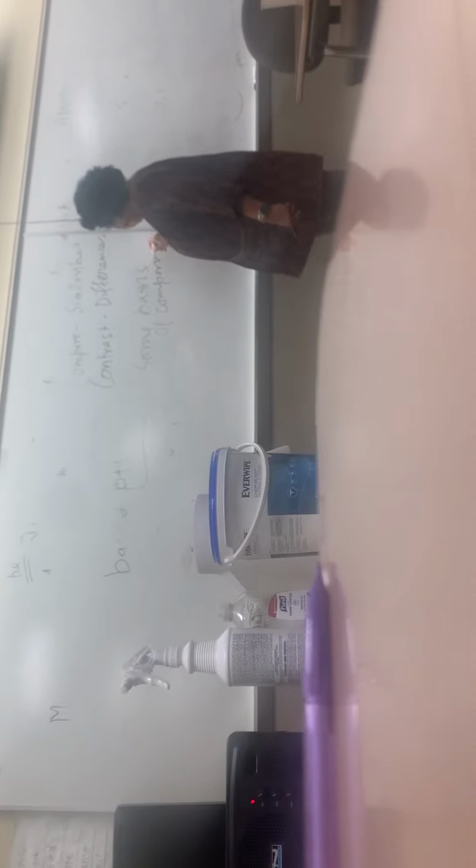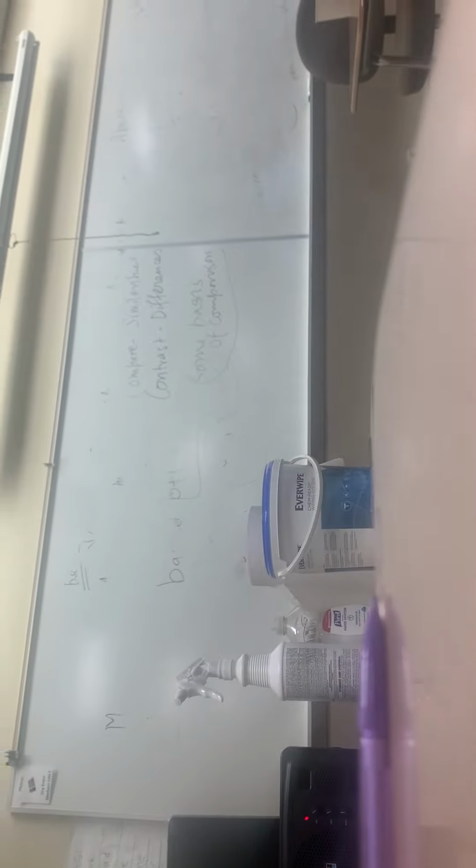What does that mean? It means you can't go completely wild and choose two different things where there is absolutely no basis for comparison, not even a little bit of commonality.